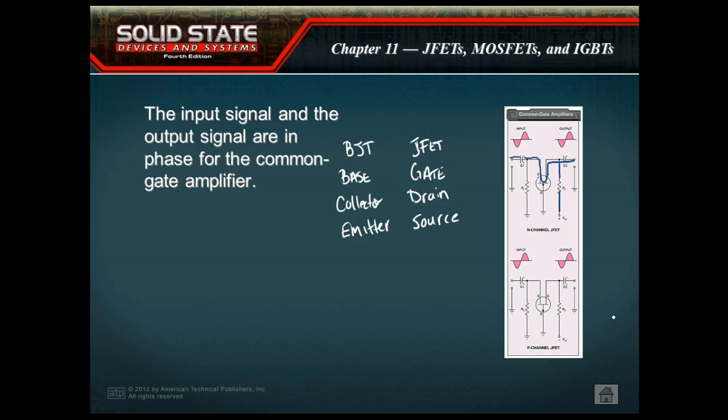But the biggest advantage it has is how easy these things are to make. They are very, very easy to produce, and they're easy to place on a piece of semiconductor. We're only working with one junction and a channel. They can be very, very small. We can use them in very low power applications. They consume almost no current because we don't have to bias that base current on.